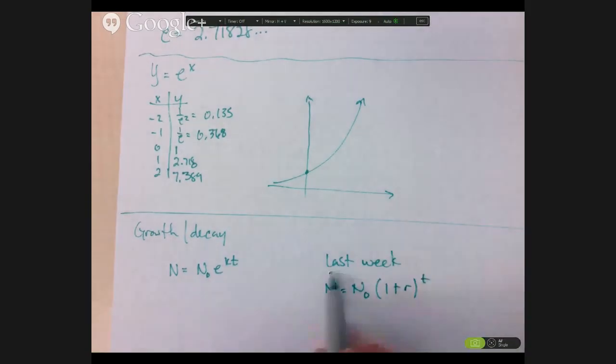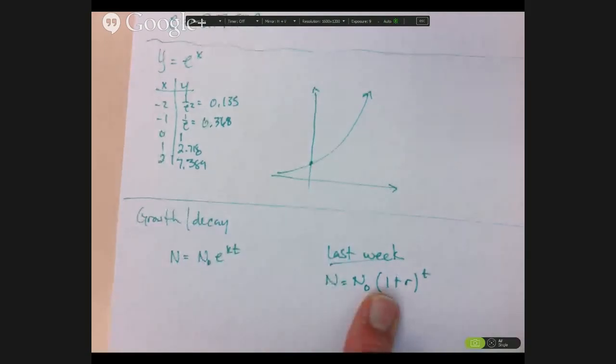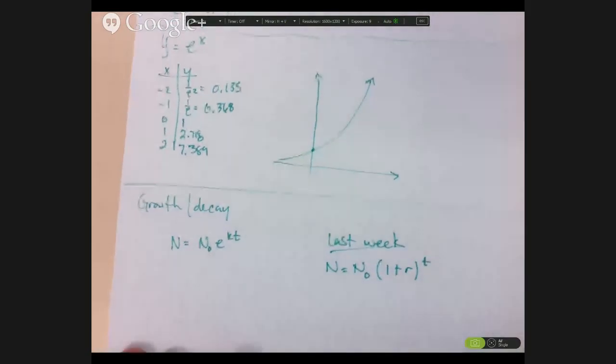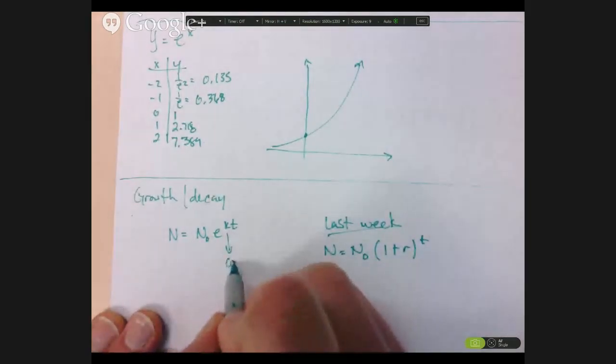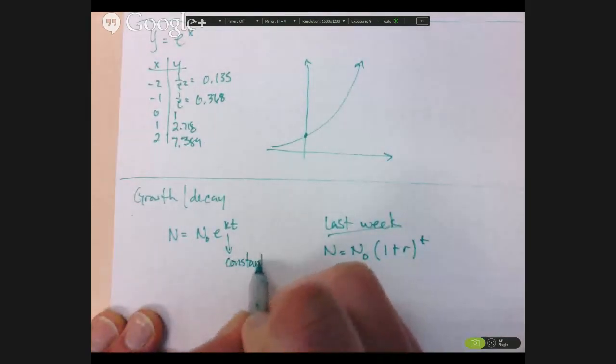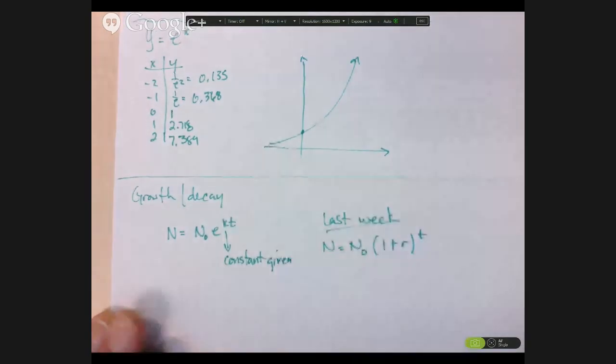Okay, this is last week. This is with e in it. Okay. k is just some constant. You'll be given it for now. Logarithms will actually allow you to solve for it.